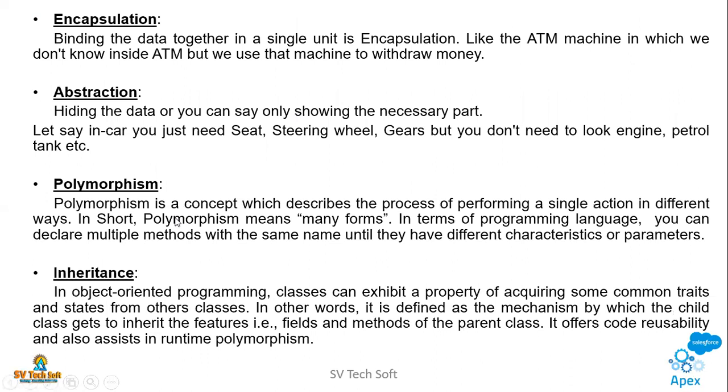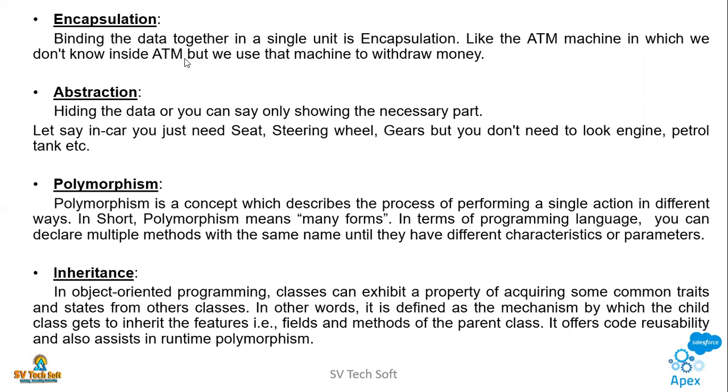Encapsulation is binding the data together in a single unit. Like an ATM machine: we don't know what is inside the ATM, but we use that machine to withdraw money. We don't know what logic is built within the machine, but we simply use it to withdraw or deposit money. Binding the data together in a single unit is encapsulation.